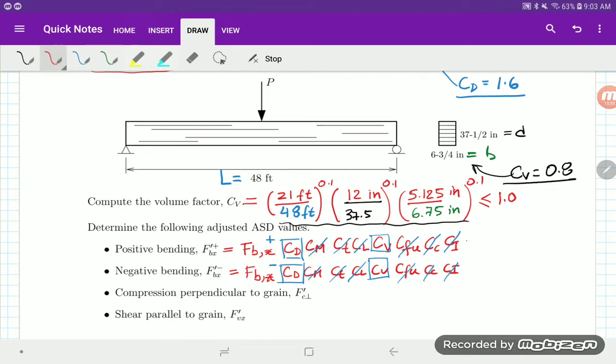From the expanded table, the one I had shown you, we saw FBX positive, our reference value in positive bending was 2400 psi. C sub D was 1.6, and C sub V, we just computed it at 0.8.